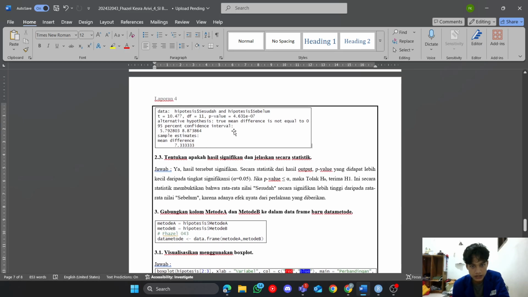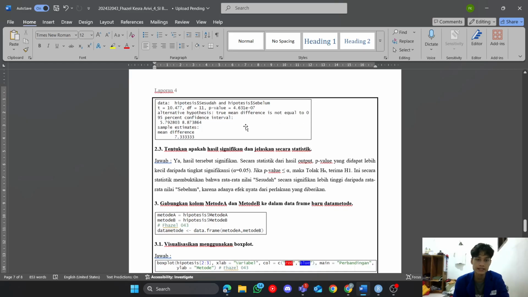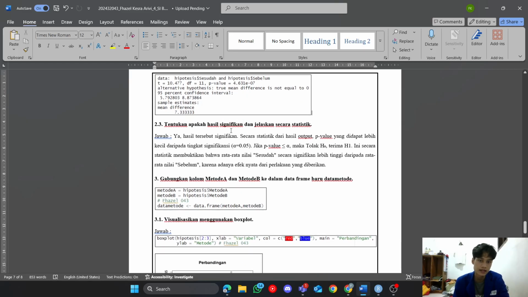So the result is significant. The value that we got is less than the significance level, or our alpha. So if the p value is less than alpha, we will reject H0 and accept H1.